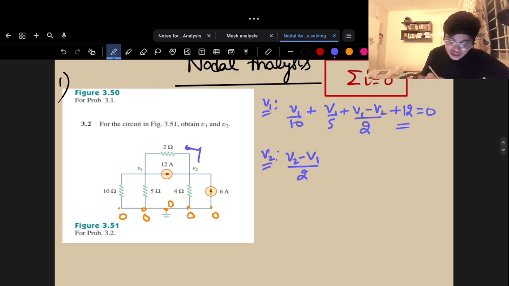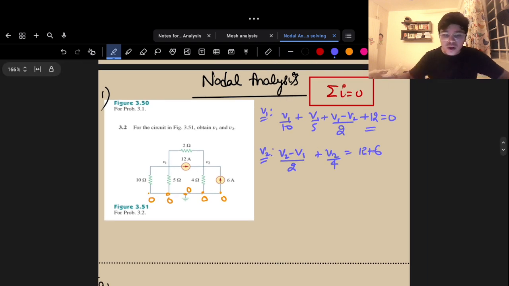That is this current, okay? And what other current is leaving? Yeah, plus V2 minus 0 by 4 is equal to 12 plus 6. Pretty straightforward.